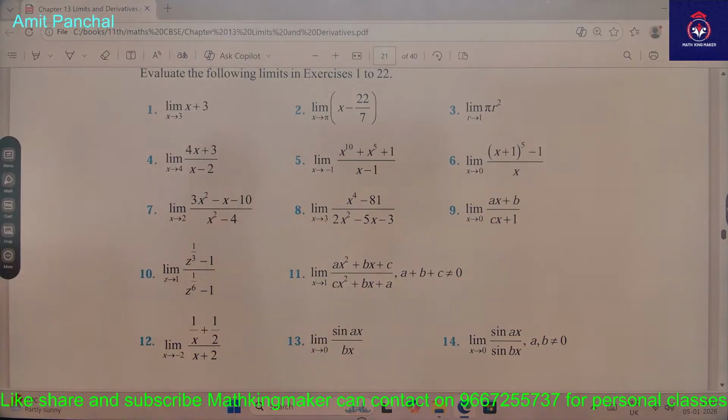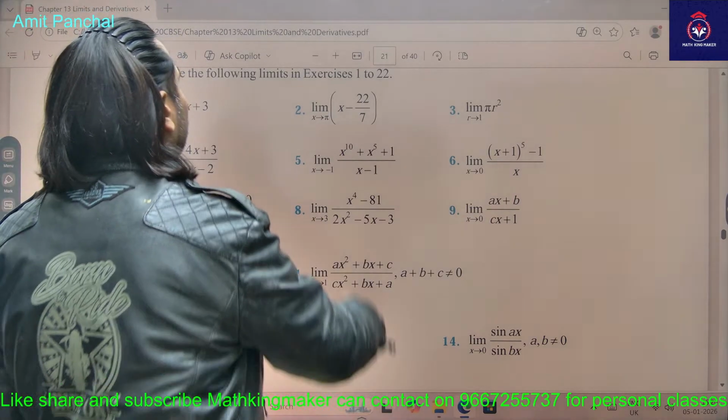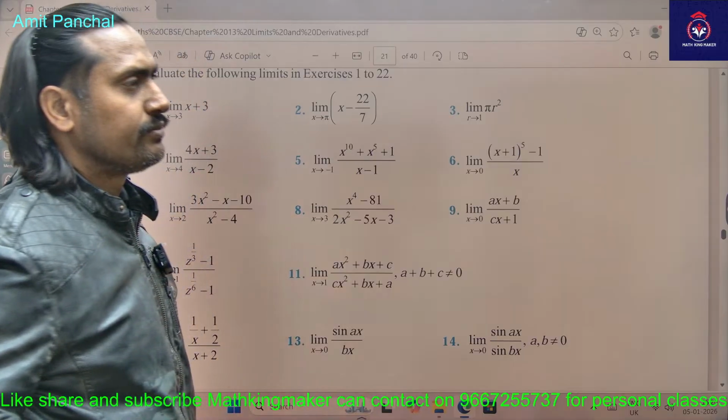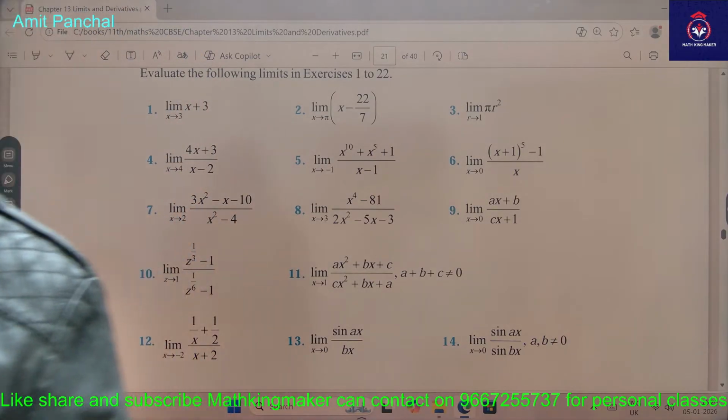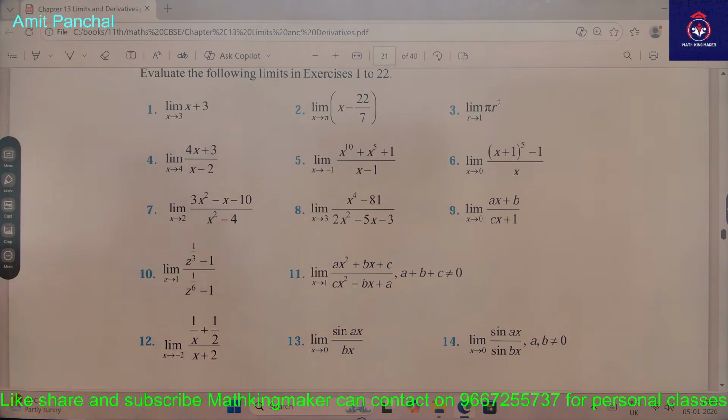Factorization will work only when you have 0 by 0 form. Okay. Yes, sir. So if you are getting 0 by 0, then only use factorization. Otherwise, it's not necessary. Okay, sir. So it is better to check before factorizing.